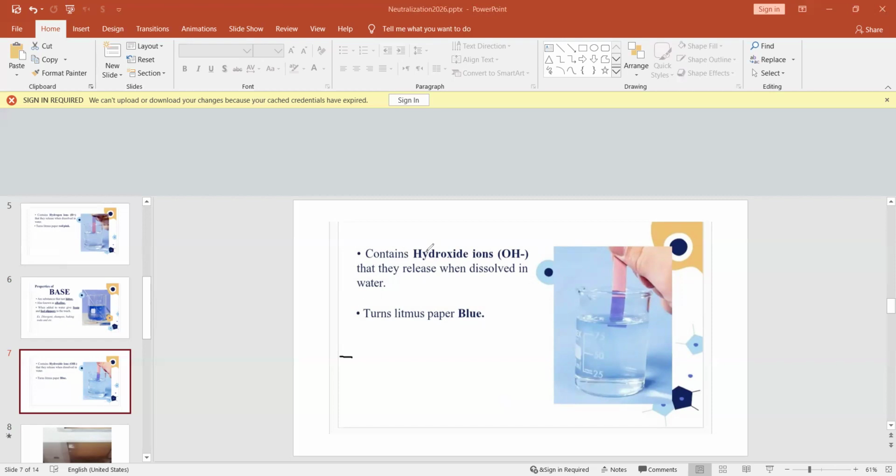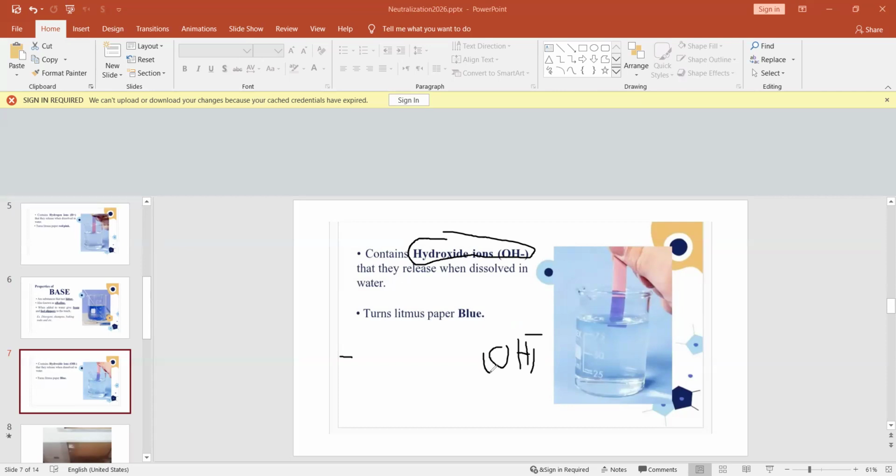Then all of them contain what? All the bases contain the hydroxide group OH. So when they dissolve inside the container, what do they release? They release this hydroxide OH, which is negative. They increase negative ions.